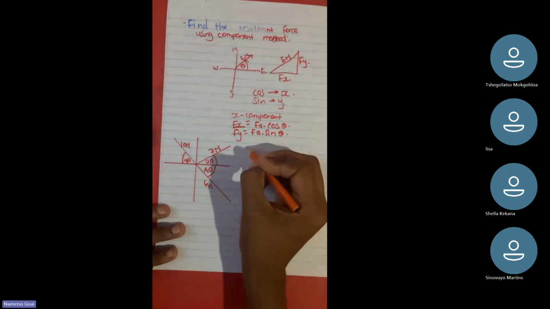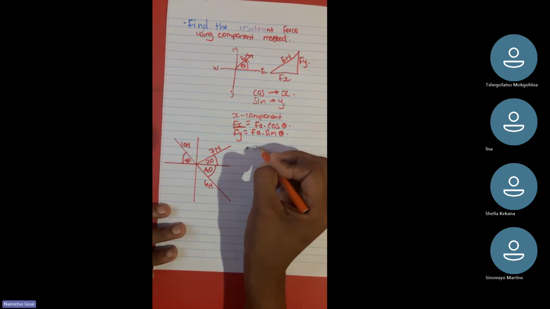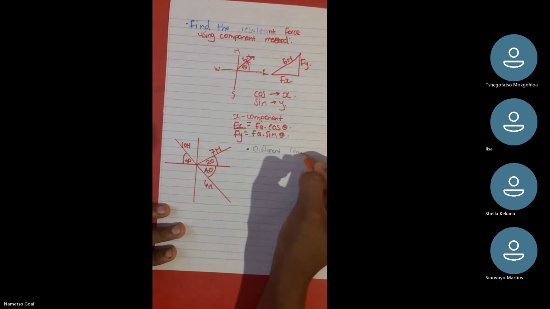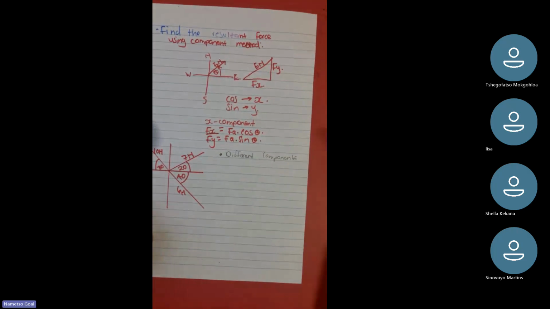If we want to break this down into different components, let me just use this red color. You have to choose directions.